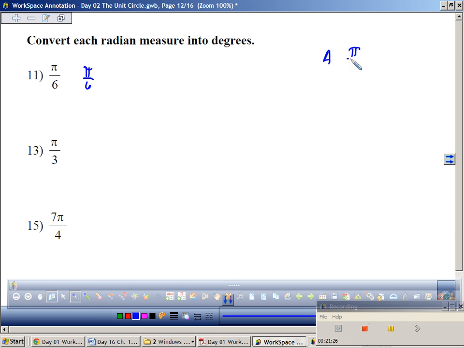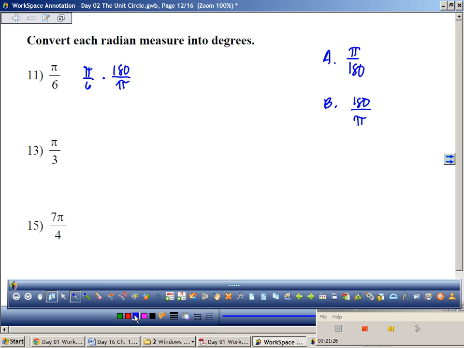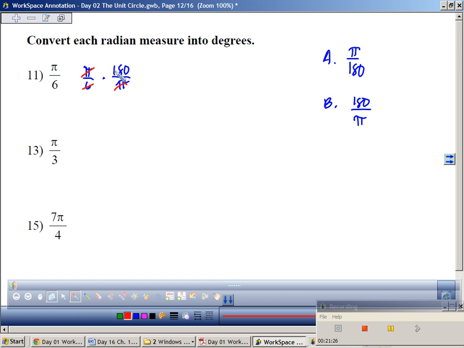A, pi over 180, or B, 180 over pi? 180 over pi. Why? Because they cancel. Exactly. So we can just do this pretty easily. Pi cancels. How many 6s are in 18? 3 with a 0. 30. The answer is 30 degrees.